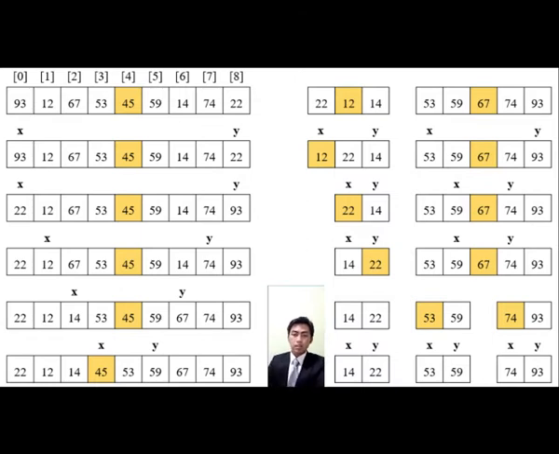If variable x is bigger than the pivot, the value is moved to the right of the pivot. But if variable x is smaller than the pivot, the value stays on the left of the pivot. If variable y is smaller than the pivot, the value is moved to the left of the pivot. But if the variable is bigger than the pivot, the value stays on the right of the pivot.